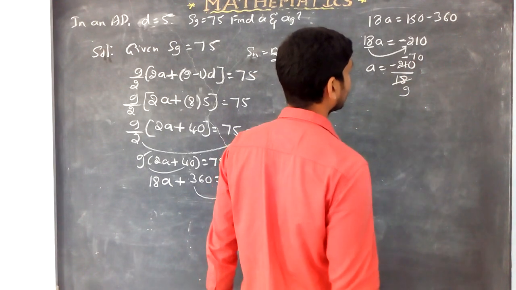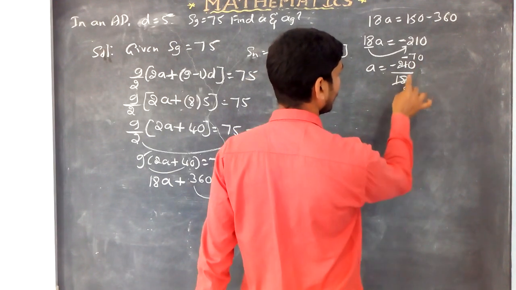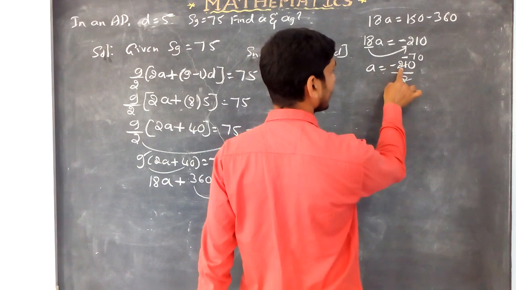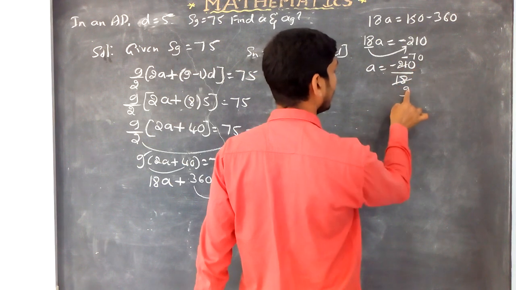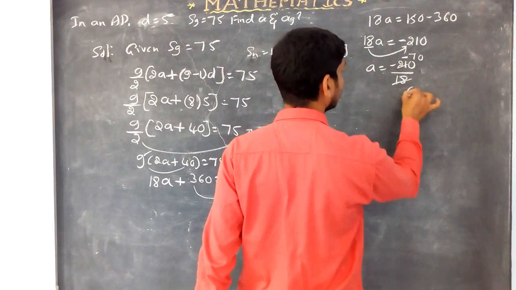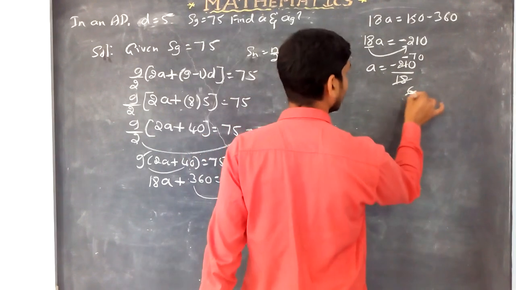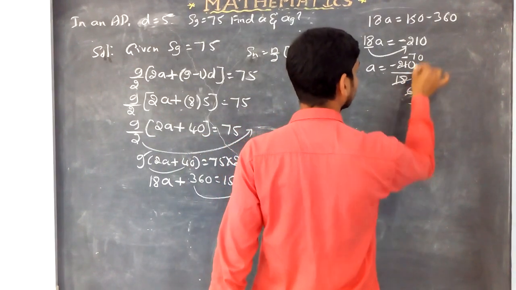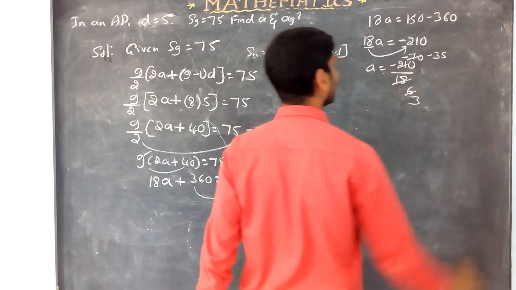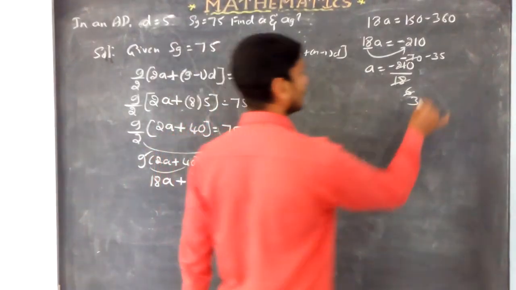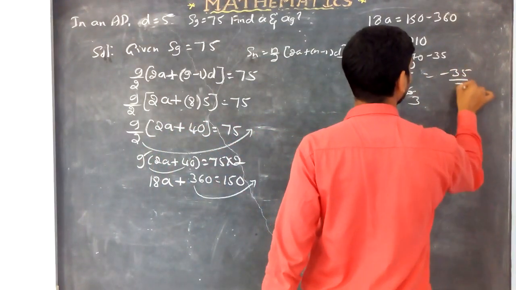No, it is not divisible by 3. Any mistakes? 3 7s are 21, 3 6s are 18. Both are divisible by 2 now: 2 3s are 6, 2 35s are 70. That's why the answer is minus 35 by 3.